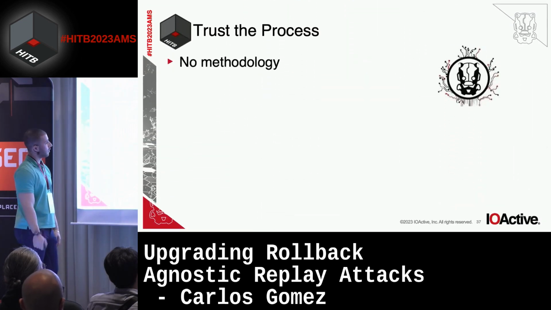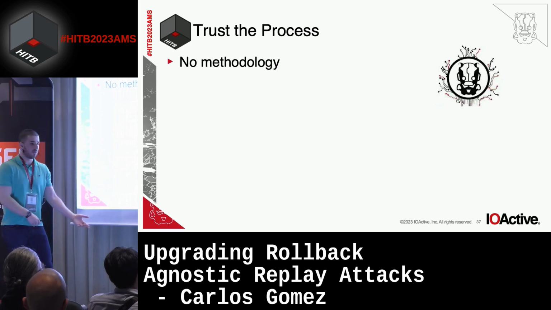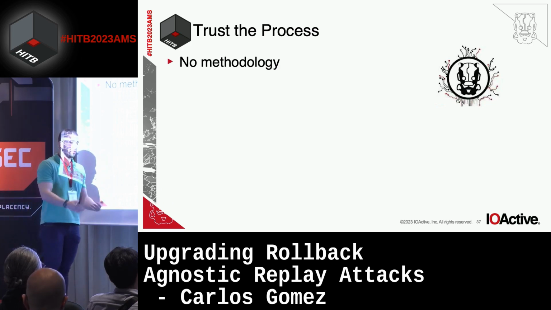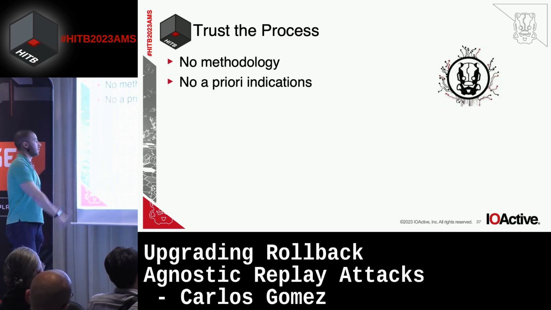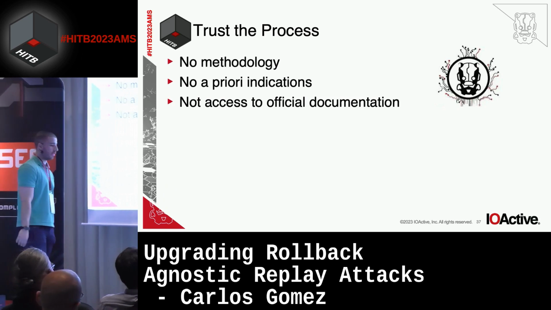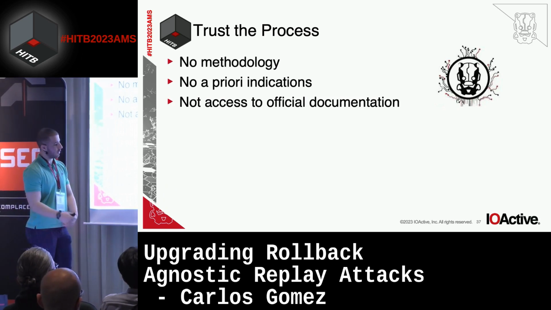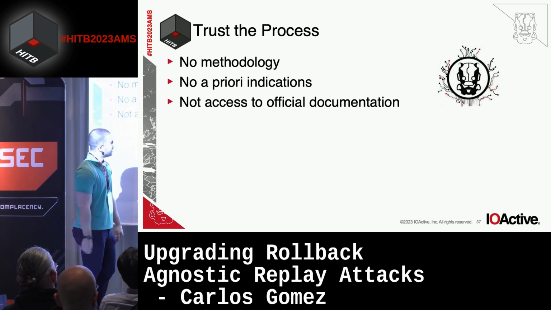So in this kind of attacks, you don't have any methodology. Just analyze the chips, try to identify the manufacturers. I didn't have access to the official documentation, so I couldn't get the version of the firmware. I couldn't disassemble the car because it was my own car and my friend's car.